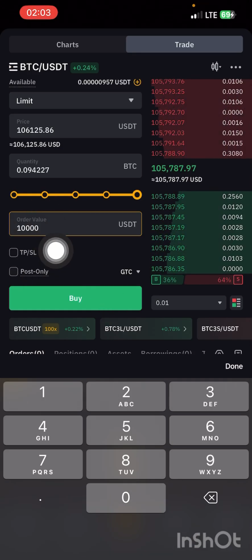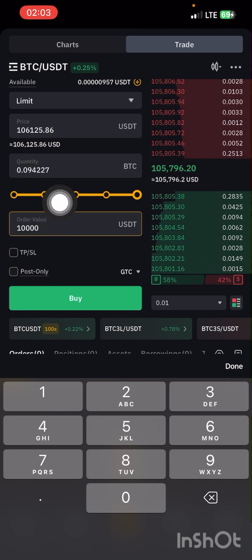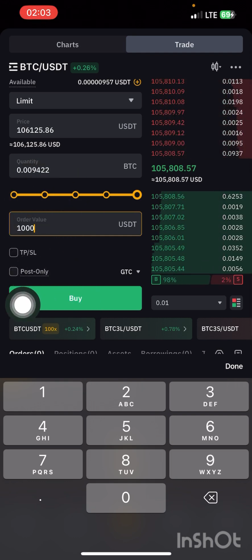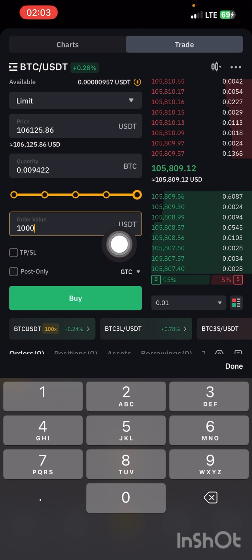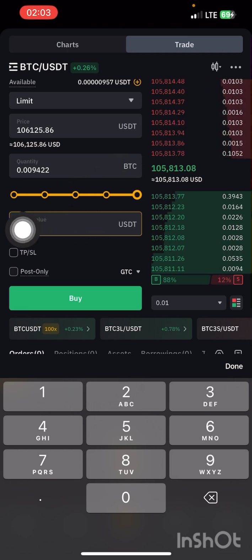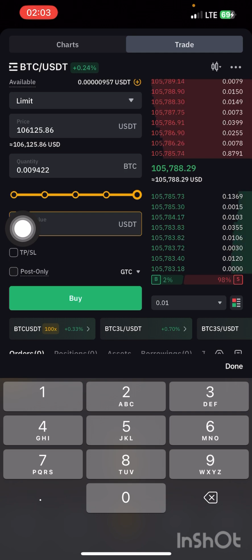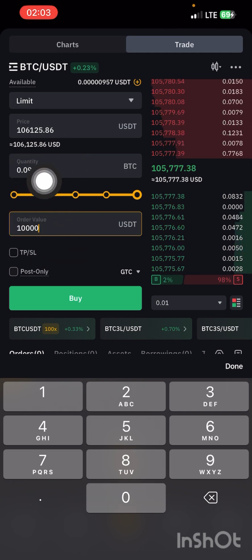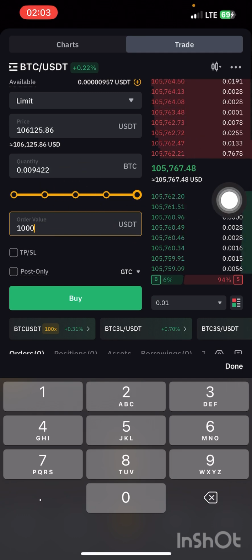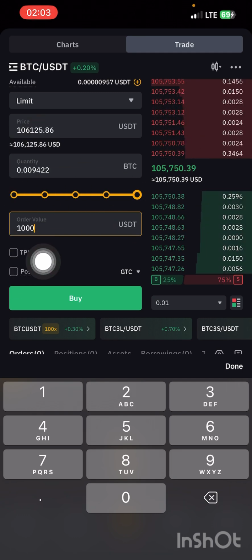It should be $1,000, so our Bitcoin should be 0.009422, not 0.094227. I mistakenly used $10,000 as the capital, and if you had used $10,000, that is what it would give you, 0.094227. But we are not using $10,000, we are using $1,000, so it gives 0.009422.